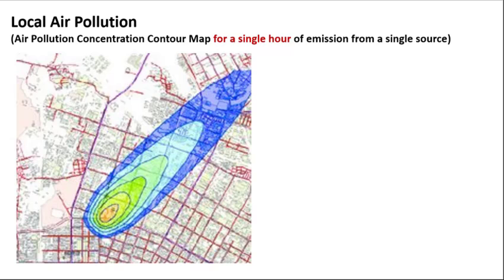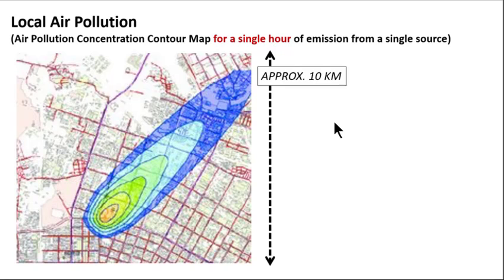We now highlight air quality concentration patterns from local sources more directly. In this graphic, we show a simple illustration of a plume of air pollution emitted from a single source for a single hour. The source is depicted by the black X on the graphic. The base map shows a city area of approximately 10 kilometers on a side.